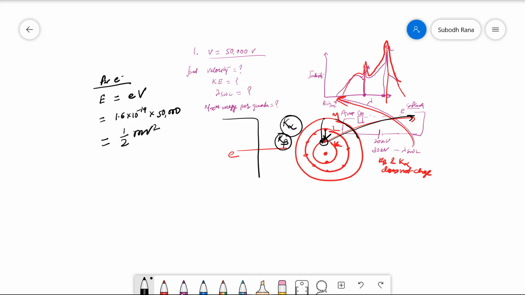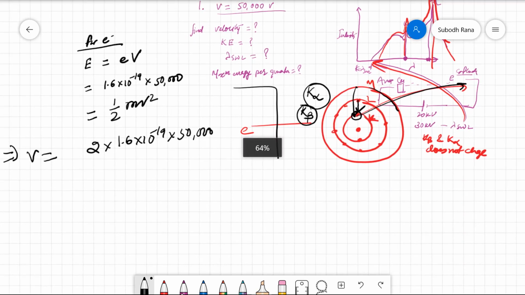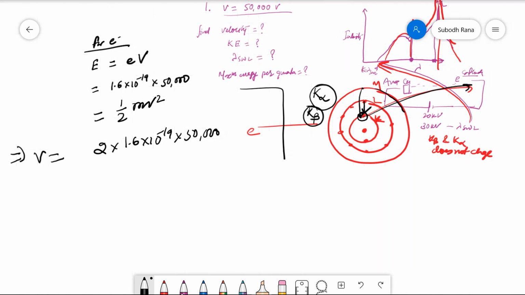So from this equation, we can write v is equal to square root of 2 into 1.6 into 10 power minus 19 into 50,000, divided by mass.